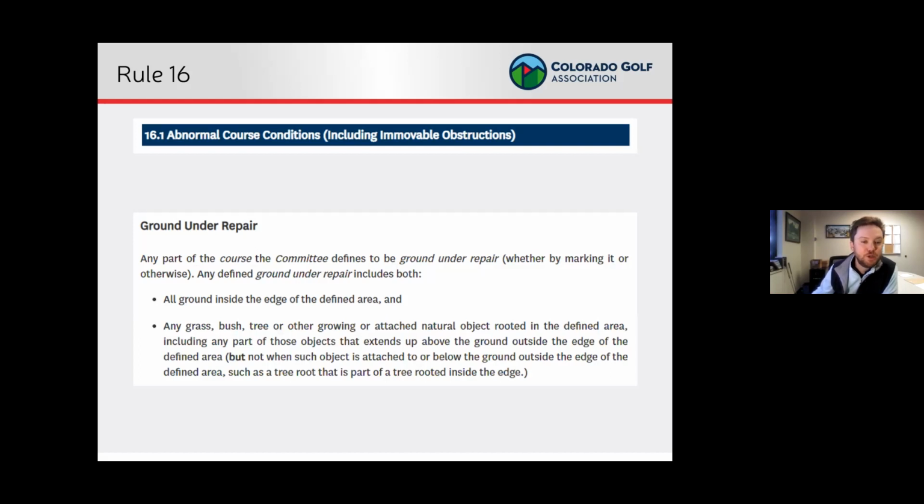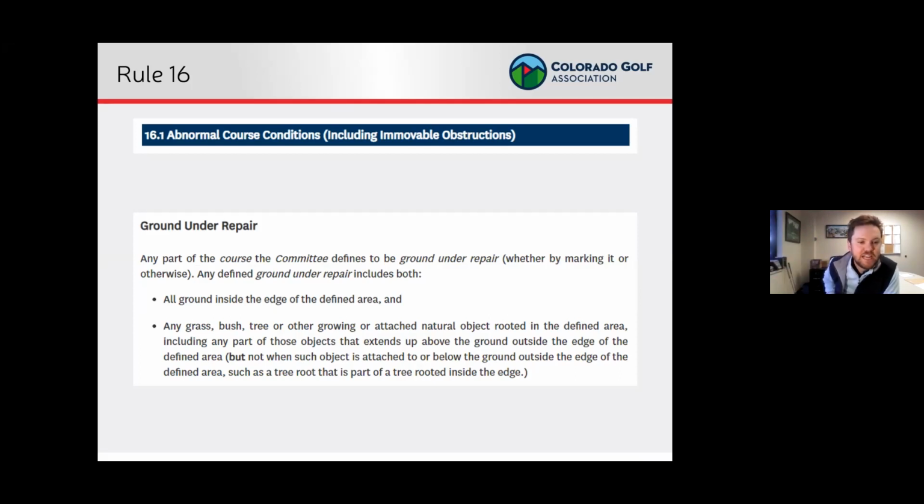And it says any grass, bush, tree, or other growing or attached natural object rooted in that defined area, including any part of these objects that extends up above the ground outside the edge of the defined area, but not when such object is attached to or below the ground outside the edge of the defined area, such as a tree root that is part of a tree rooted inside the edge. So if there's an area of ground under repair and there's a tree inside of it, even if the tree goes over the edge of the ground under repair, since it is rooted in there, that overhanging tree would be considered ground under repair.